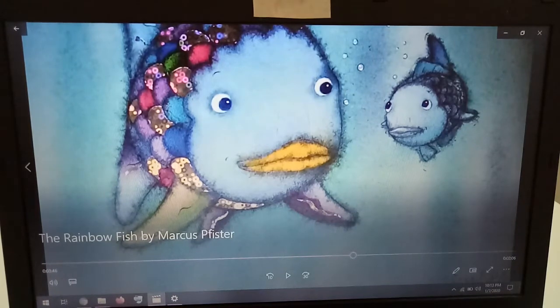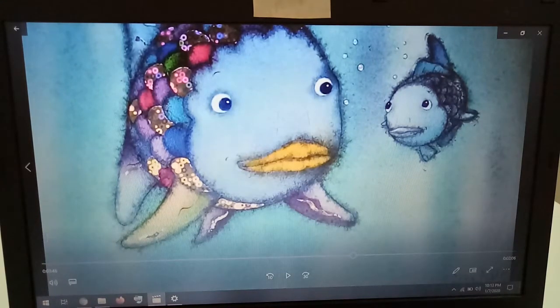Okay, wait a minute. So again, do you know now why this rainbow fish is really sad? What makes him sad? Because he is too proud of himself, and he doesn't like to share. He is not so nice with the other creatures, the other fish, because he thinks that he's the most beautiful.